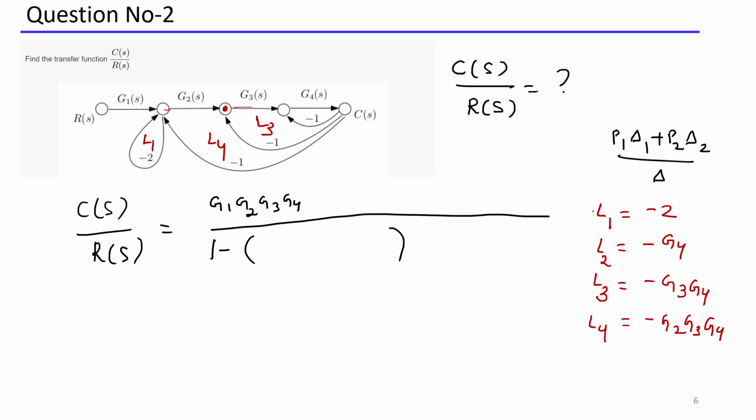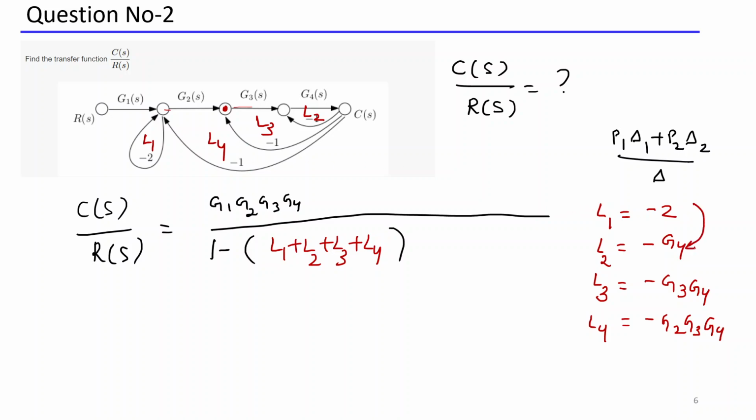Now out of these four loops, these are the individual loops. You can write down L1 plus L2 plus L3 plus L4. Now you find out how many loops are non-touching each other. Which loops are non-touching? L1 and L2, find the L1 and L2 combination.